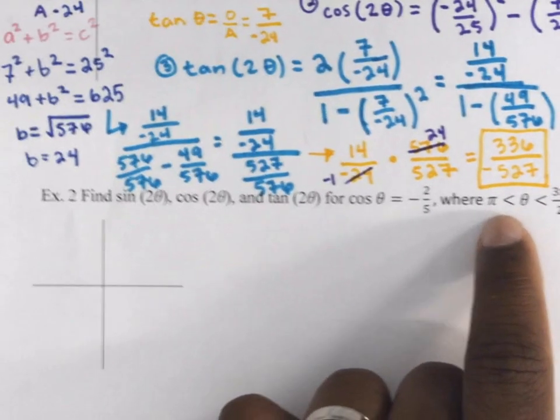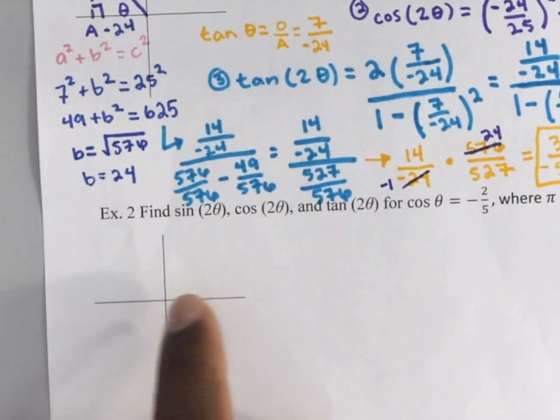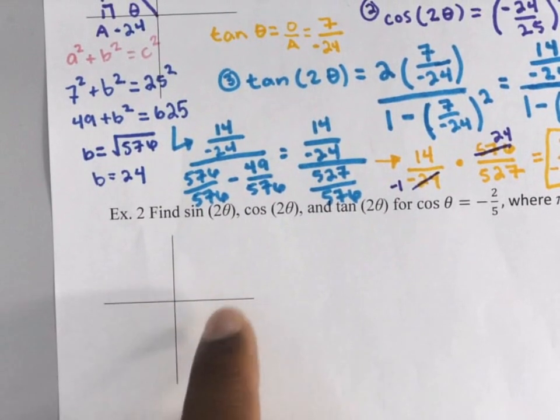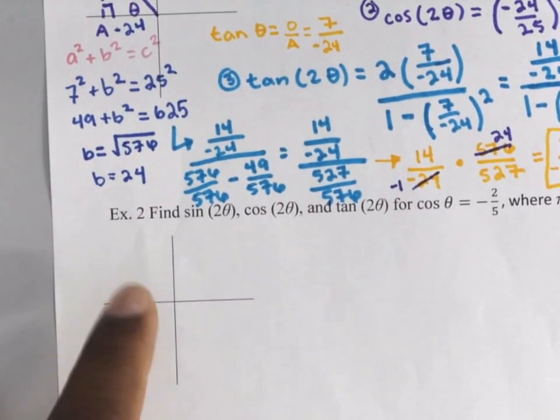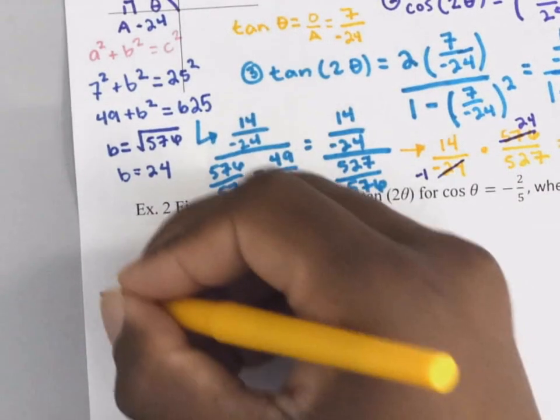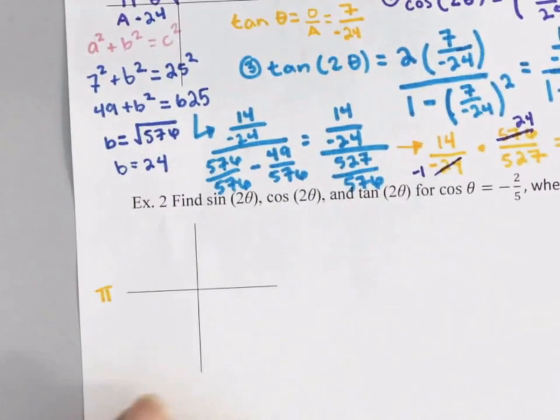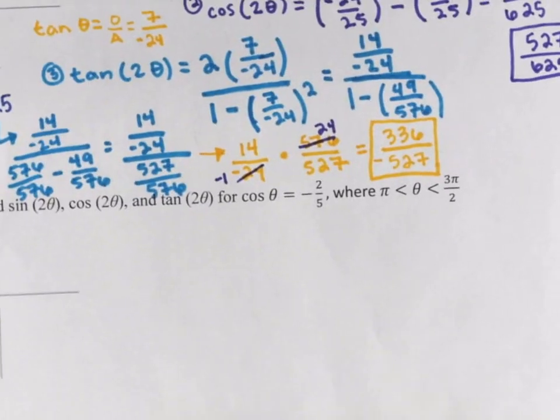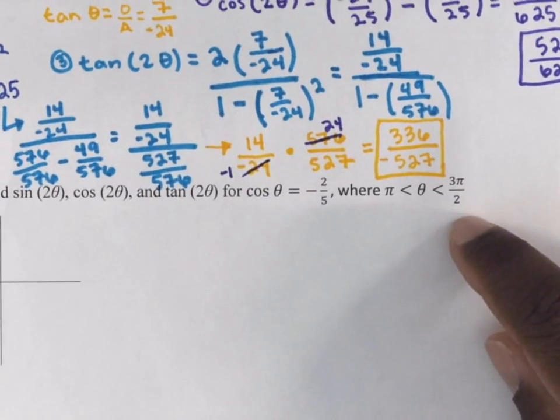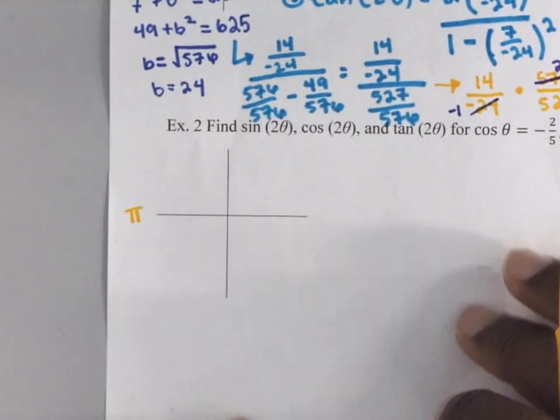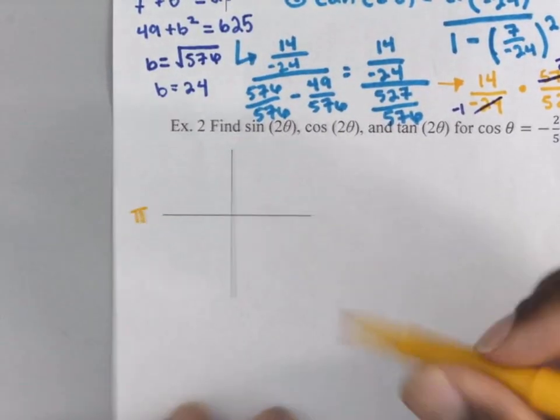Where is pi? It's 180. So pi is right here. And then it says it's less than 3 pi over 2. Where is that angle? The bottom one, 270.